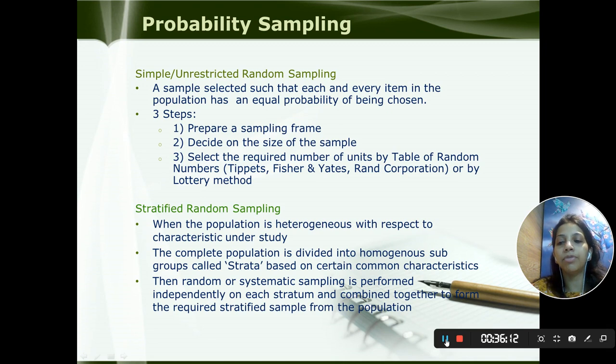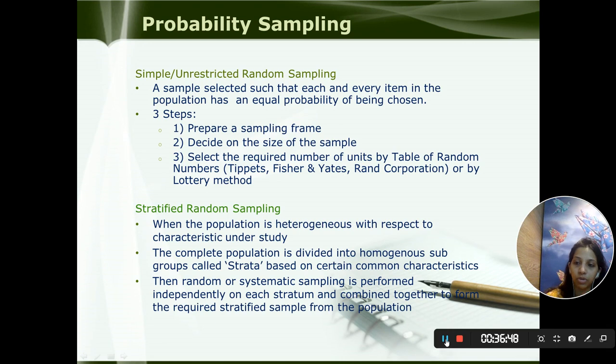Next is stratified random sampling, used when the population is heterogeneous with respect to the characteristic under study. Suppose you are conducting a study on dental caries in a particular district, then it will be a very heterogeneous population involving different age groups. In these kinds of situations, you make the groups homogeneous by dividing them. You make different homogeneous groups based on the age criteria, like say 0 to 12 will be one group, which will be a homogeneous group.